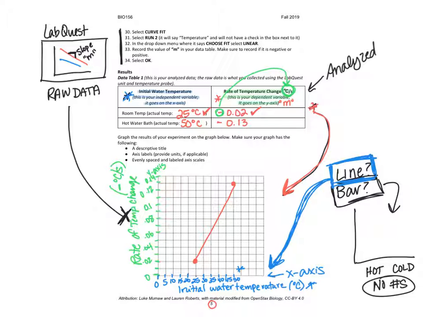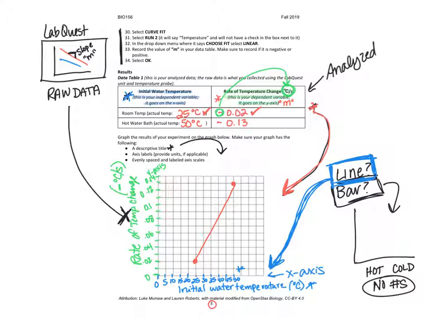All right. So there's one thing that we're still missing on this graph here, and that thing that's missing is the title. So we need to put a descriptive title up at the top so that somebody looking at this graph can easily tell what they're about to learn.